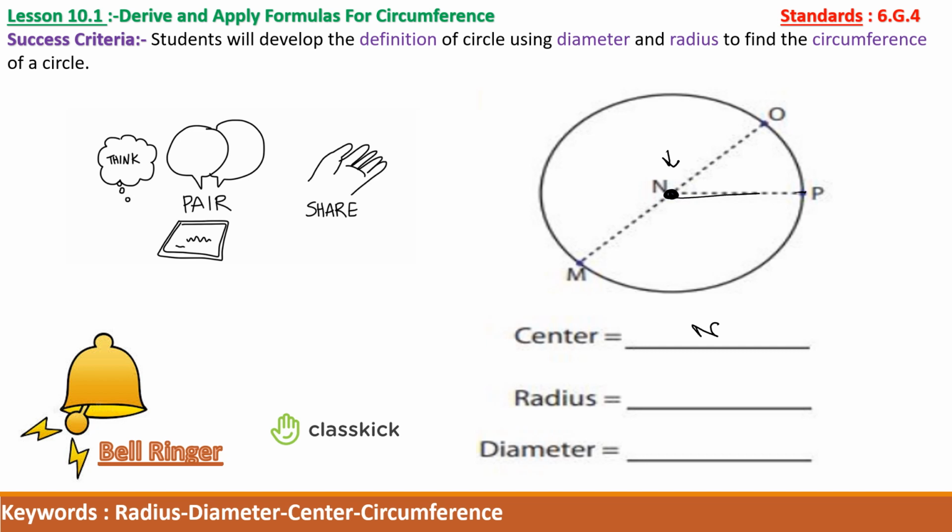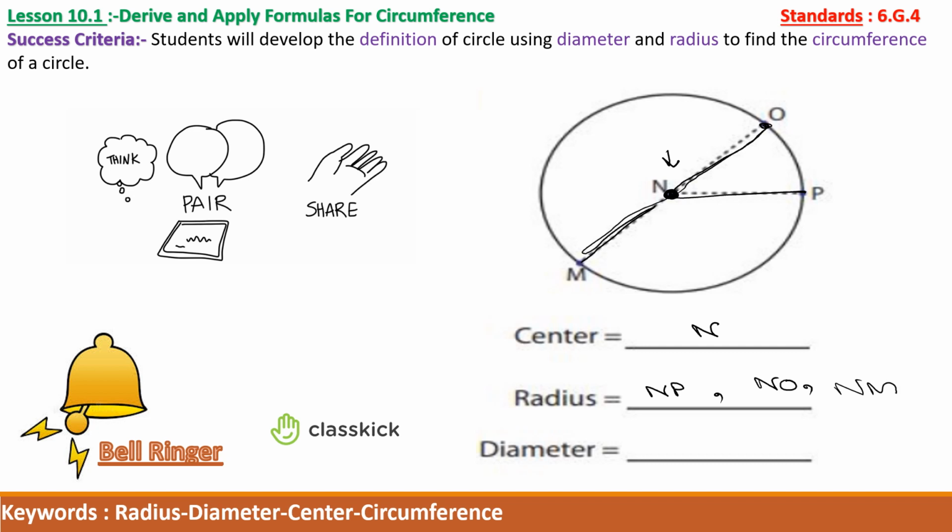So you can see that this NP is a radius. Another radius is NO, the line from the center joining a point on the circle. So NO is also a radius. Similarly, NM is also a radius.